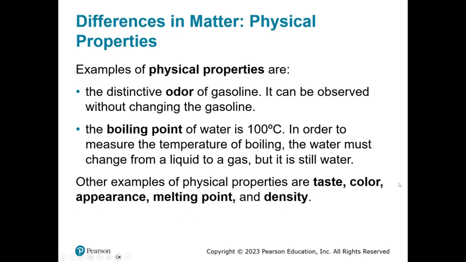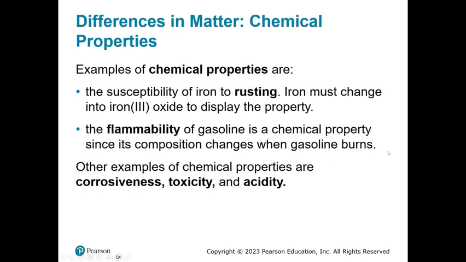So here's a couple examples of physical properties. Now remember, boiling a liquid would be a physical change. We're just describing the ability, or the properties. A chemical property would be the ability to do some type of chemical change. Rusting is an actual chemical change, but being able to rust is a chemical property.